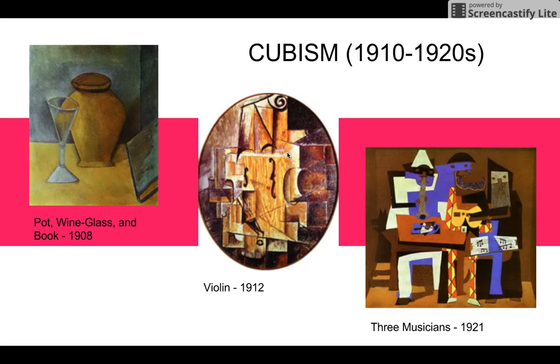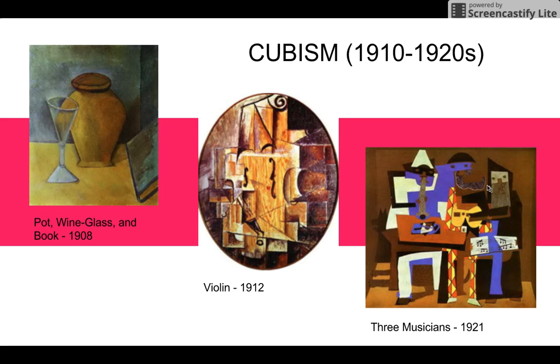We go to Violin, and you can see little bits and pieces here where the violin has been contorted and layered on top of itself. But we still understand that the violin is sitting in there. And we have the Three Musicians over here. So we really start to see the lack of realism in this one.